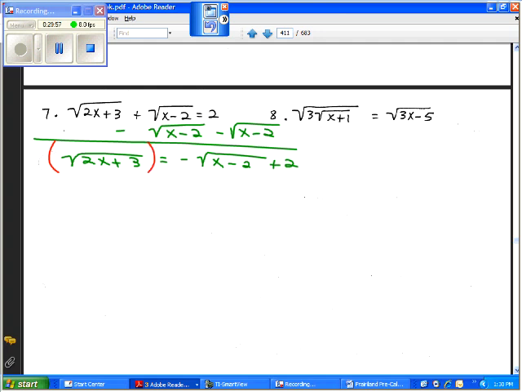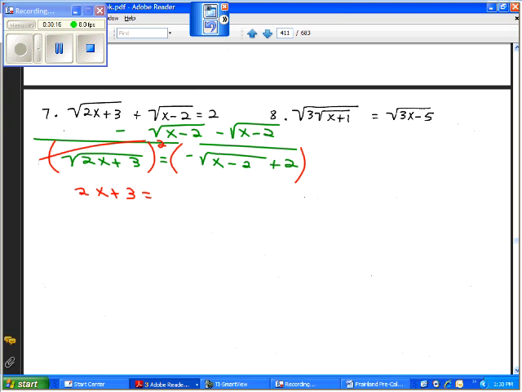We isolated a square root. So now we're going to square both sides. I'm going to put my negative back. The square cancels the square root, and we get 2x plus 3 over here.